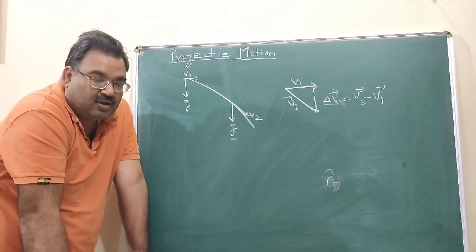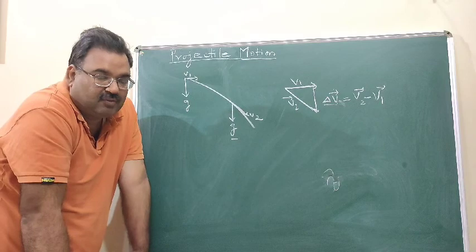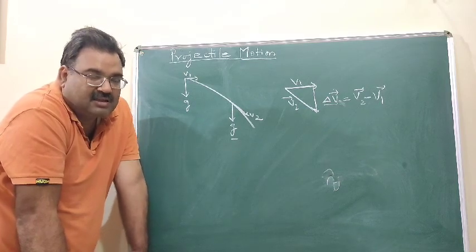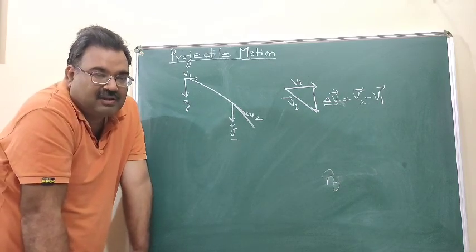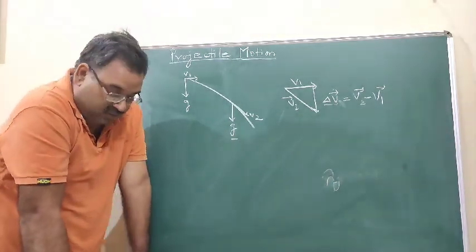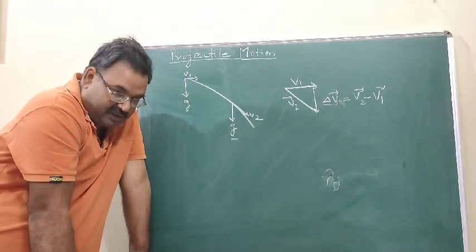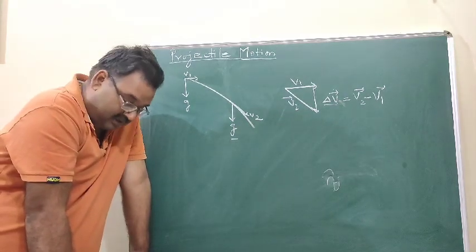So when a body is thrown horizontally from a certain height, its velocity's magnitude as well as direction are both changing. The change in the velocity is always in the direction of the acceleration due to gravity. What is its consequence?